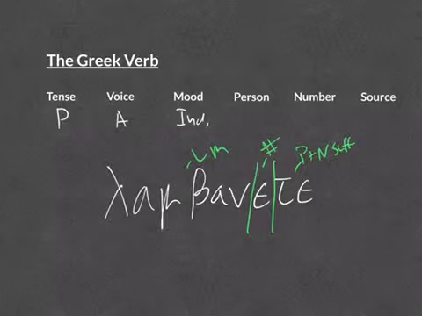How do you know when the epsilon is a neutral morpheme? Basically, if you see the te at the end, and once you start knowing words, it makes sense. To make it sound better, they add a neutral morpheme. But I mean, you just kind of learn that by becoming familiar with it. You're going to know what verbs are by looking at them, and you're going to see the endings.